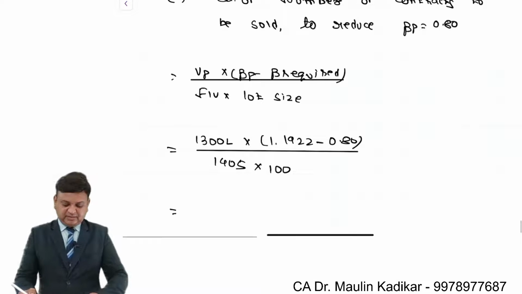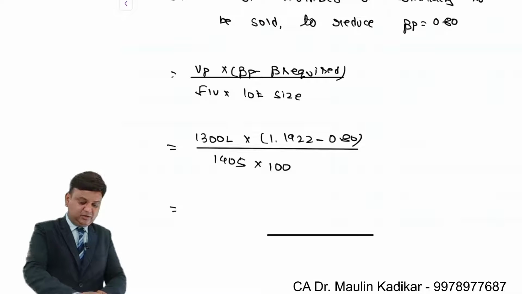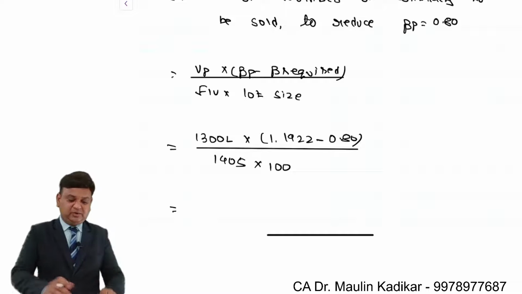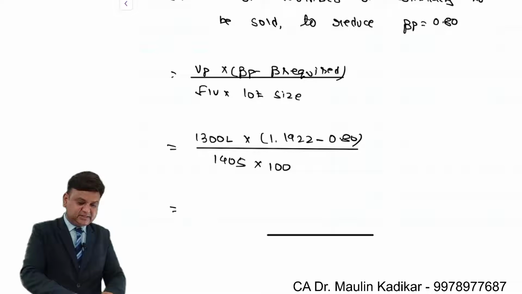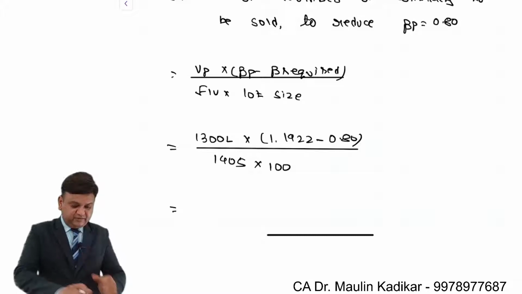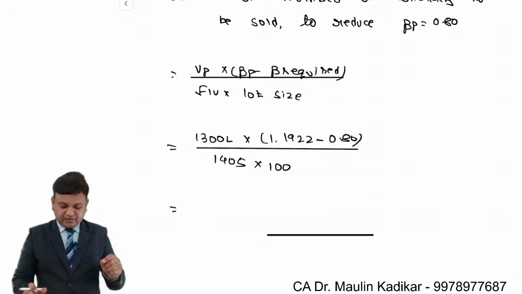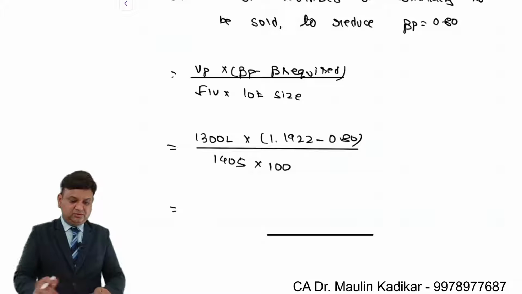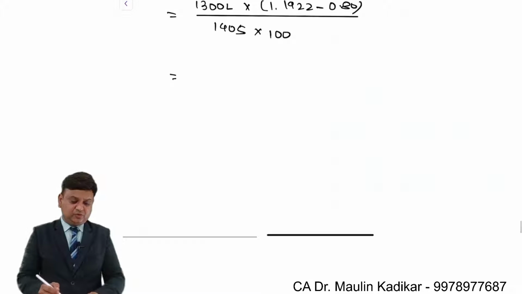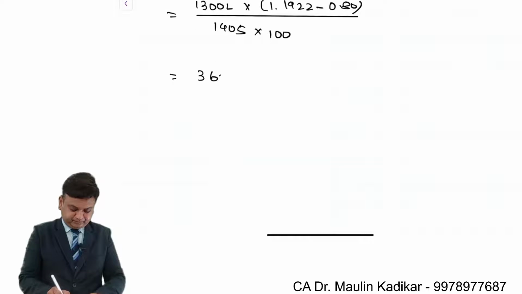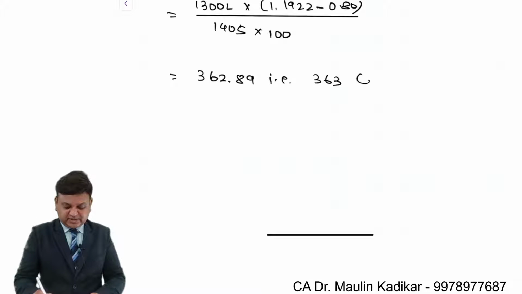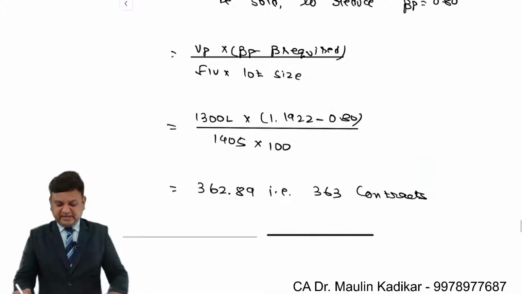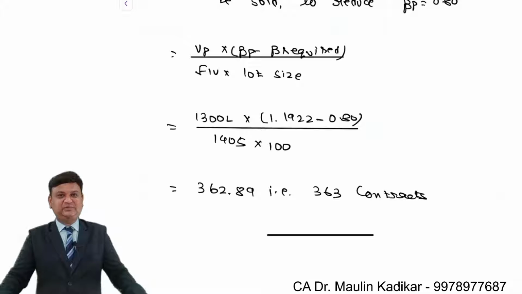This is the way the number of contracts to be sold can be calculated. 1.1922 minus 0.8, so 0.3922 into 1300 lakhs, divided by 140500, and the answer comes to 362.89. That is 363 contracts. If you write 362 as the answer, that is also acceptable.